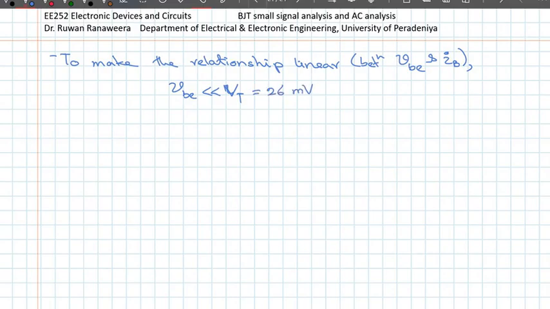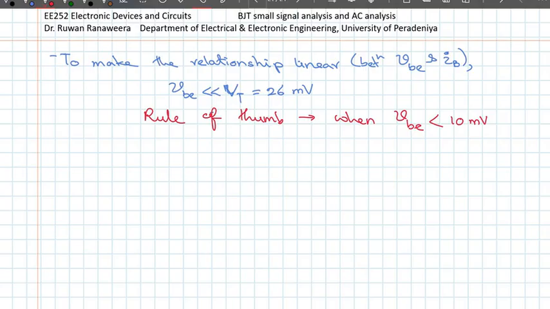So as a rule of thumb, when VBE is less than 10 millivolts, it's about 2.6 times smaller than this, which is not really negligible, but we are happy with that.